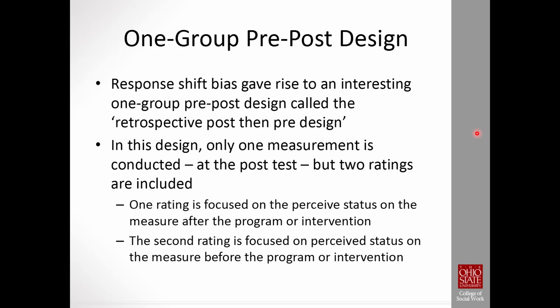Essentially, you only measure once at the post-test in this design, and you have people rate where they think they started on the questions. That may seem a little weird, but I'm going to give you an example of it in just a little bit. So you don't do the pre at the traditional pre-time. You wait until the post-test and then include that retrospective look at things. It's very cool.